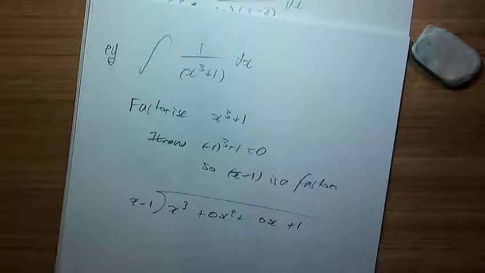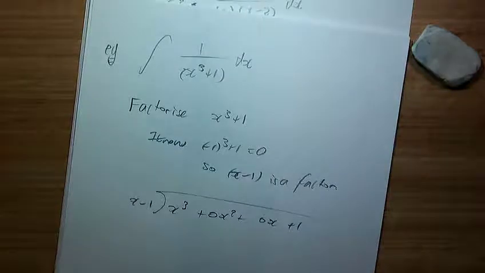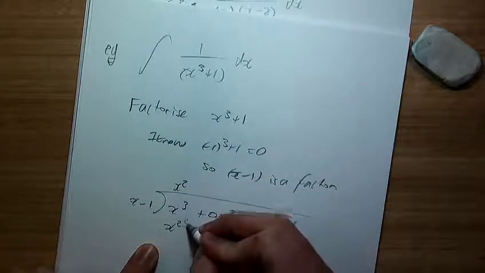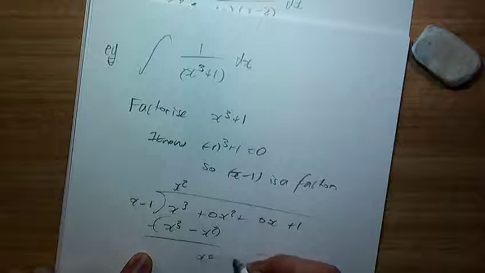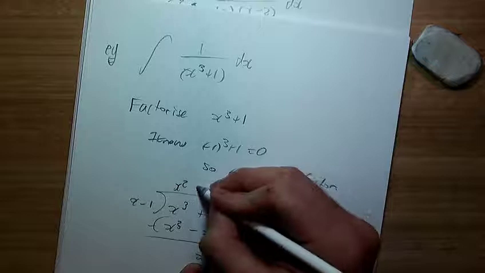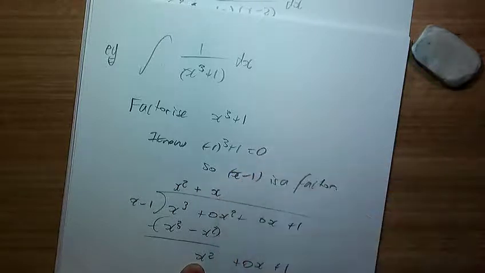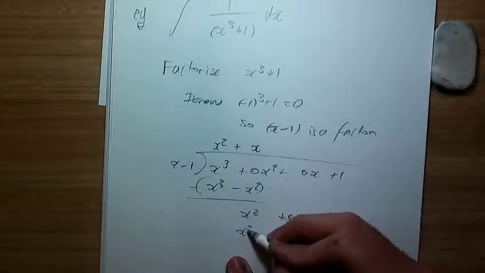Not if it's an x cubed, no. Are you ready? X cubed divided by x is x squared. X squared times that is x cubed plus x squared. And when you subtract that, you get minus x squared. X squared divided by x is x. And x times that is x squared plus x.